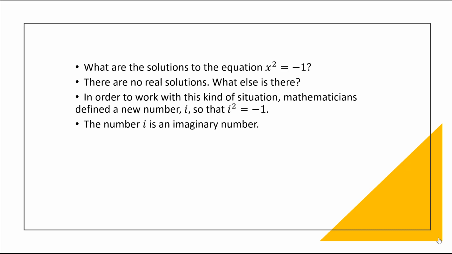I mean, it sounds like it's not a real number in the mathematical sense, but it is very useful for helping us work with numbers that we wouldn't otherwise be able to work with because they don't behave the way real numbers do. And so we use this idea of i squared equals -1 to manipulate certain situations so that they will work along with the real numbers.